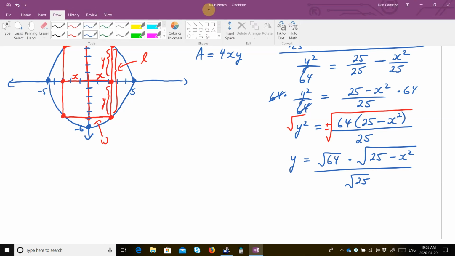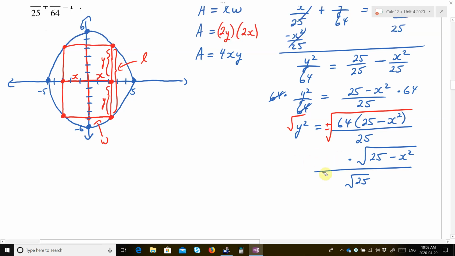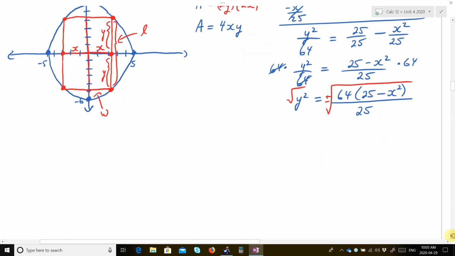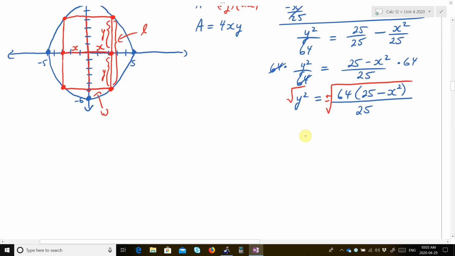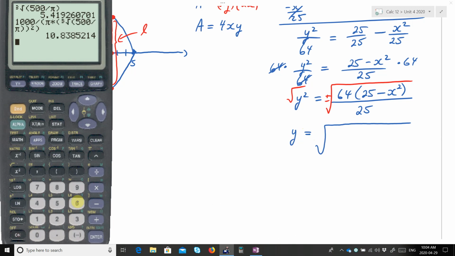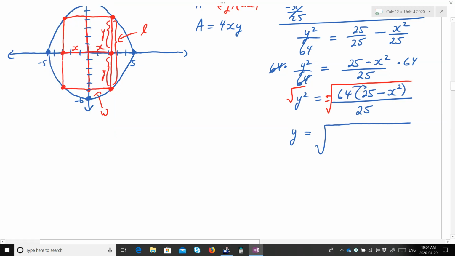Okay, mind you, just looking at this, it might be easier to not do that. And we will go y equals the square root of 64 times 25, so just distribute this in. That is 1600 minus 64x squared, and then divided by 25.